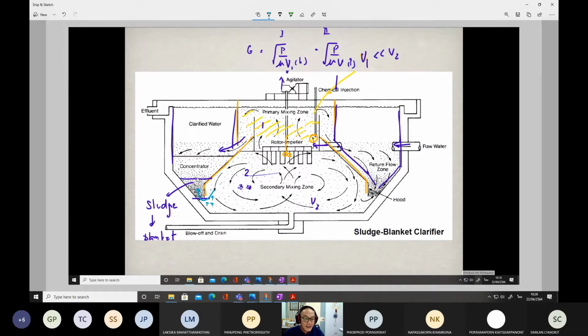As we maintain a high concentration of sludge here, these types of settling tanks are normally called sludge blanket clarifiers. Here we maintain the concentration of the sludge to be very high.